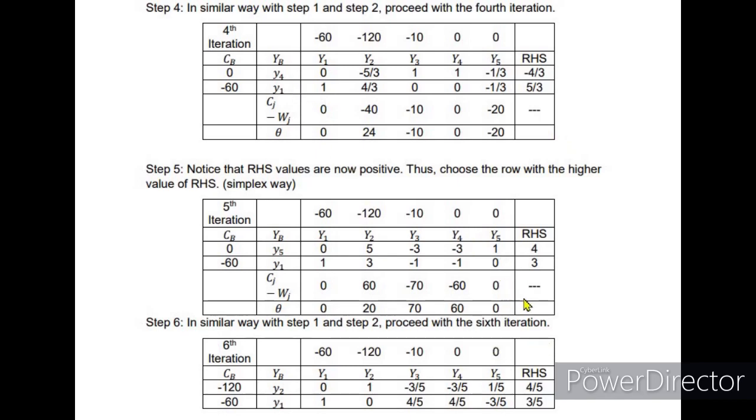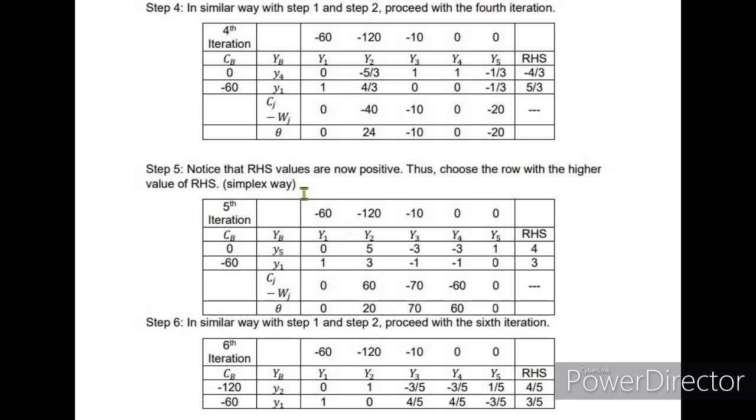You will multiply the elements in y sub 1 by negative 1/3, then subtract the product from the previous value of y sub 1 to rewrite the new y sub 1 for the fifth iteration. You will do that until the RHS. Now you will compute for the Cj minus Wj. To compute, we just multiply one by one, then add, then subtract these values. So you will get these values.